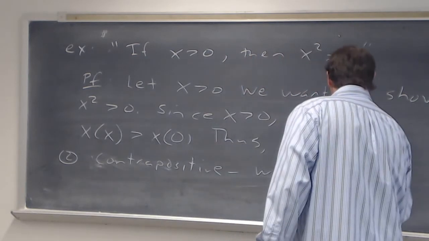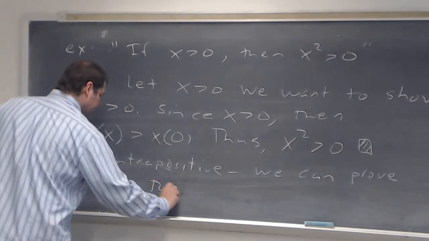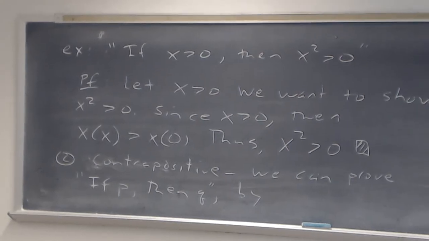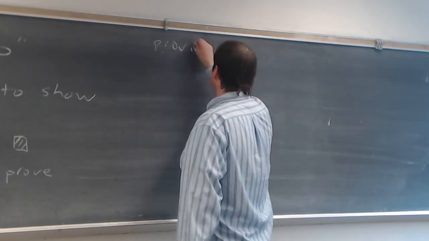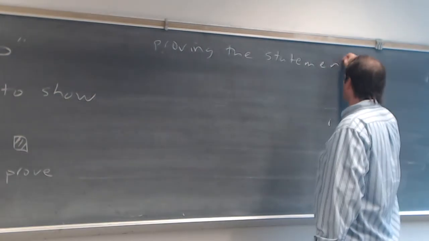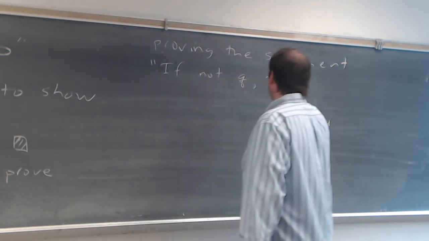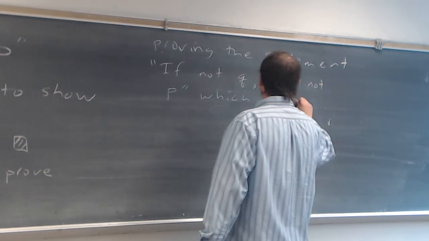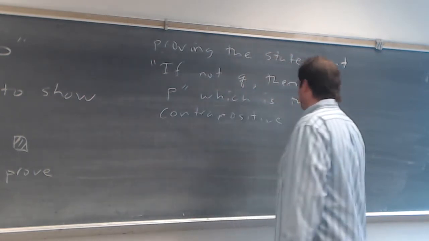We can prove if P, then Q by proving the statement if not Q, then not P, which is the contrapositive of the original statement.